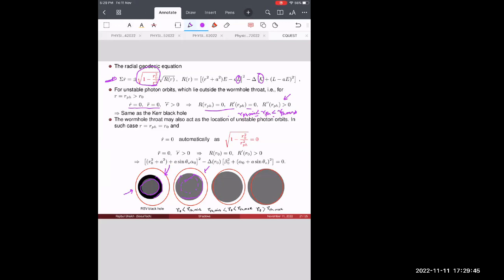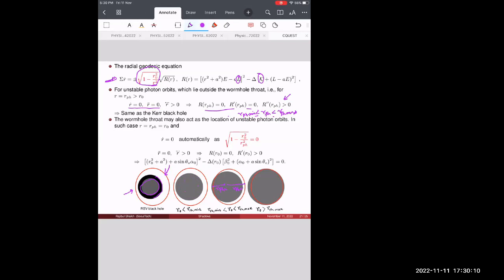So in this wormhole case, all the unstable circular orbit radii are outside the wormhole throat. So in this case also the shadow will be the same as the Kerr black hole, and this is R_PH min and this is R_PH max.